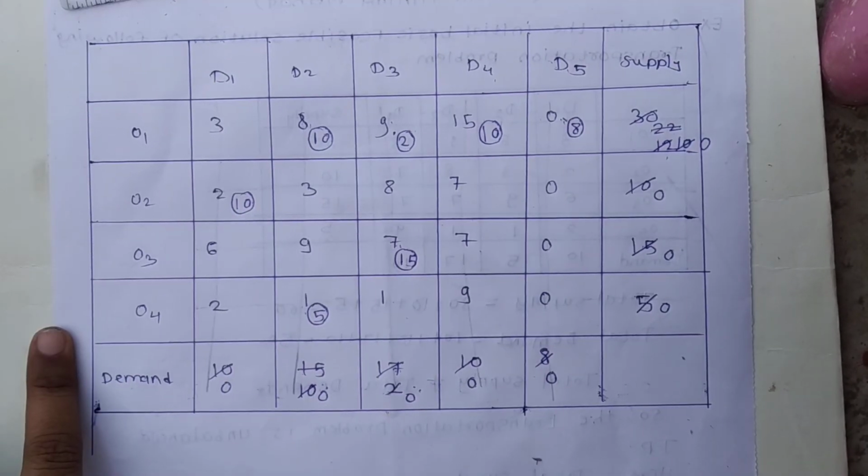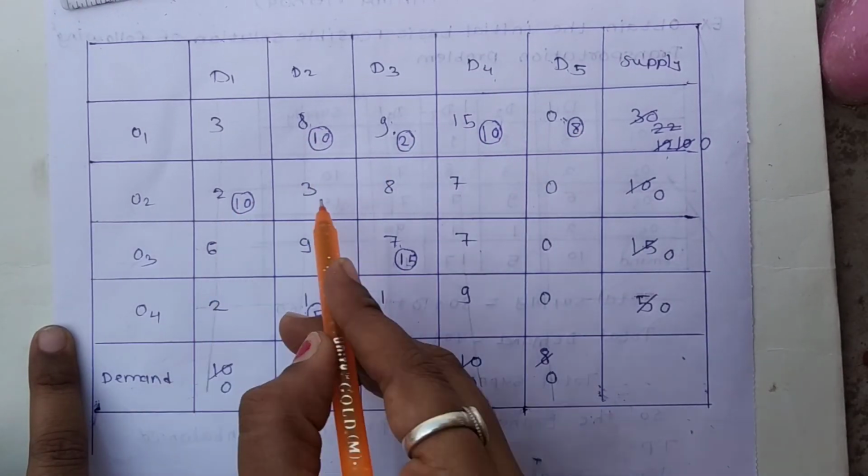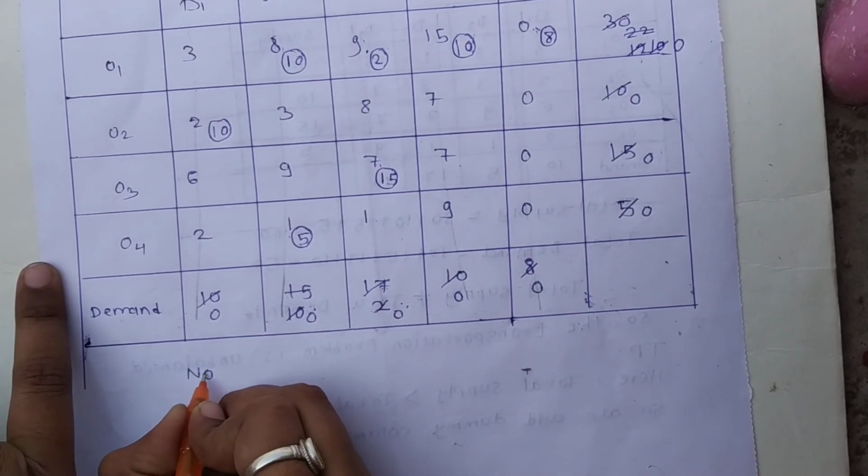So here we get 1, 2, 3, 4, 5, 6, 7, the number of allocations as 7.